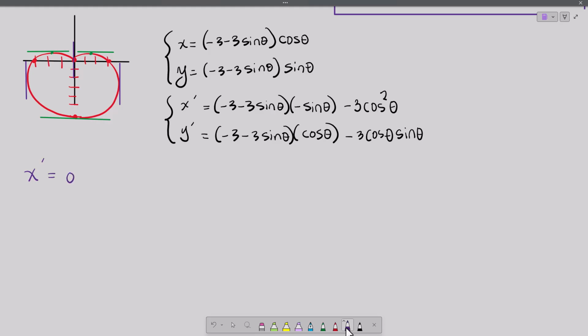So here we're targeting vertical tangents. So we're going to set that to 0. So 0 equals this. I'm going to multiply it out. So we have 3 sine of theta plus 3 sine squared of theta minus 3 cosine squared of theta.